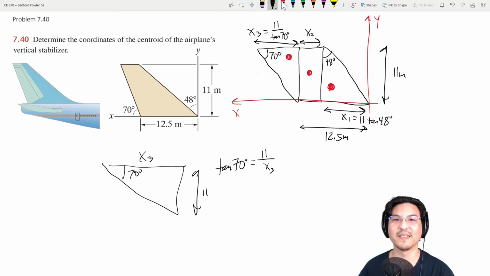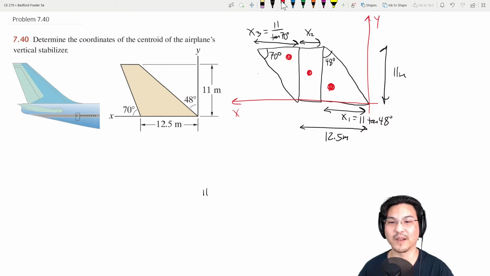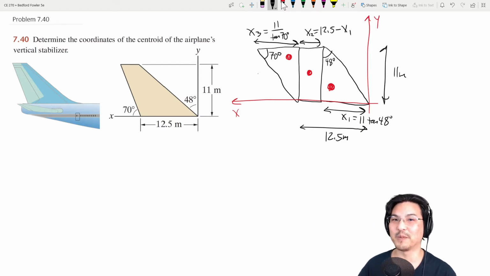Or you can say 11 cotangent 70. Okay, and then the rectangle, since we already know that here to here is 12.5, and here to here is x1, x2 has got to be 12.5 minus x1. Okay, so we got the geometry for all 3 shapes.